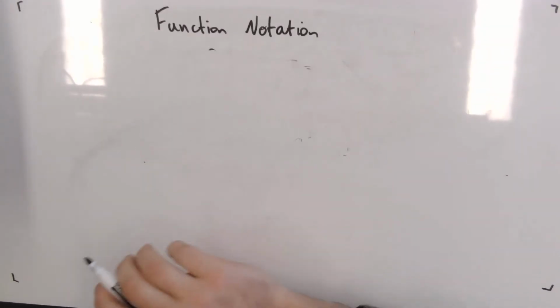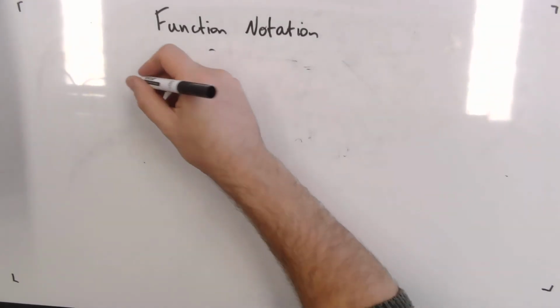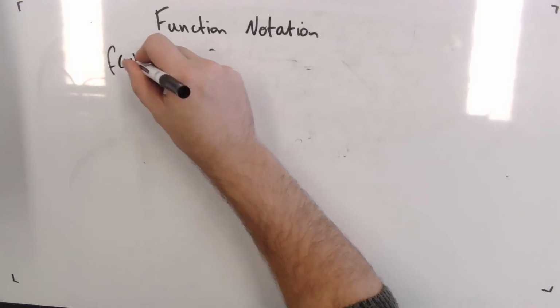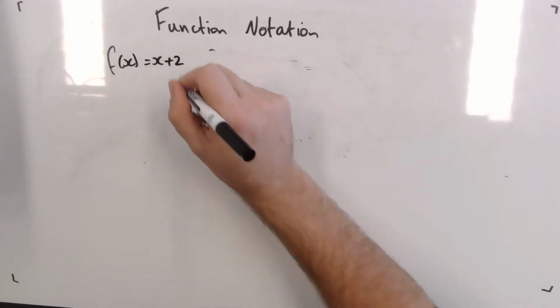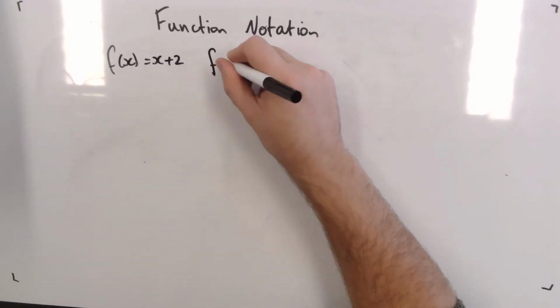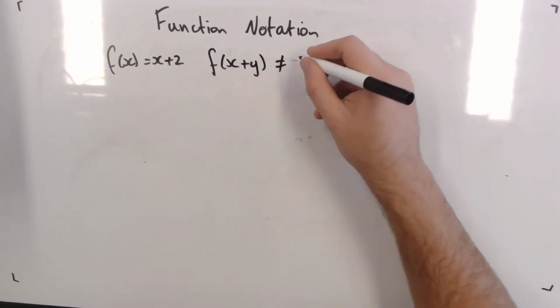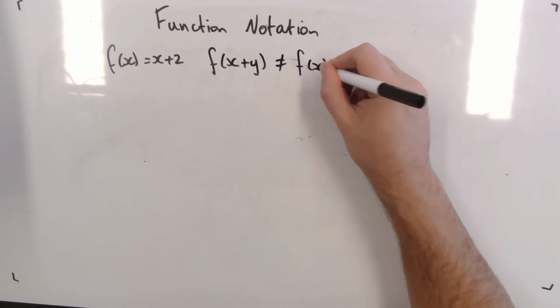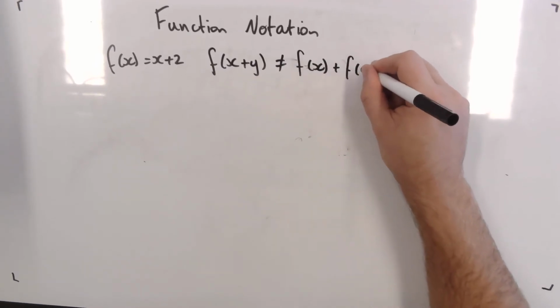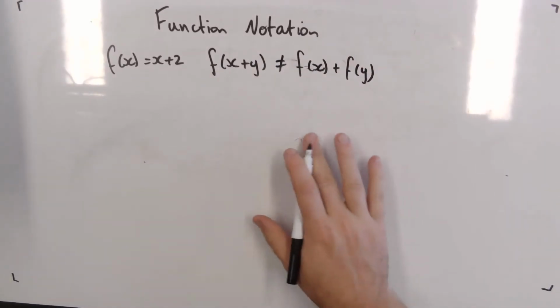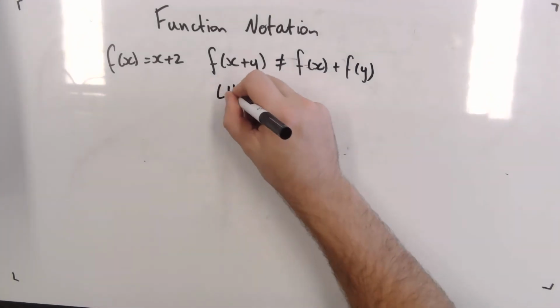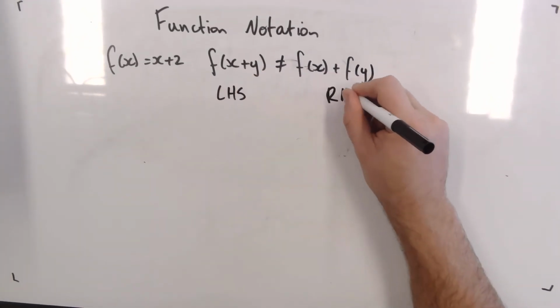So our next one is a function f of x equals x plus 2, and we want to show that f of x plus y does not equal f of x plus f of y. Again we're going to set up our left hand side and our right hand side.